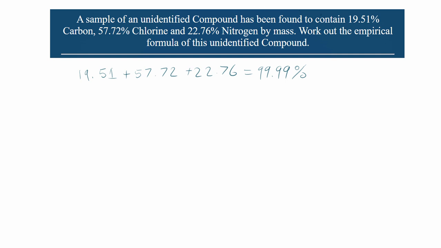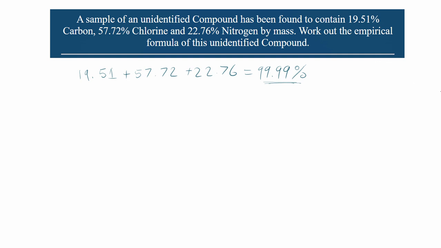This is why it's very close to 100, but not quite 100, and there are some potential implications for that when we're working out the empirical formula later on, as you will see. But anyway, let's carry on with the question.